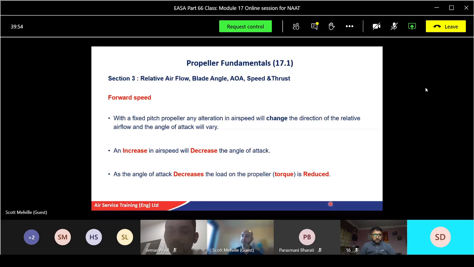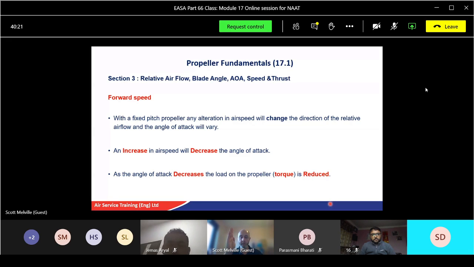As angle of attack decreases, the load on the propeller, the torque, is reduced. There's less force because, if you can pretend my hand is cutting through the air like that, yeah? There's a lot of air I'm trying to push. As the angle of attack decreases, then I can cut through the air nice and easy. So there's less force on my hand as it cuts through the air, okay? So what will happen is the engine will probably speed up.